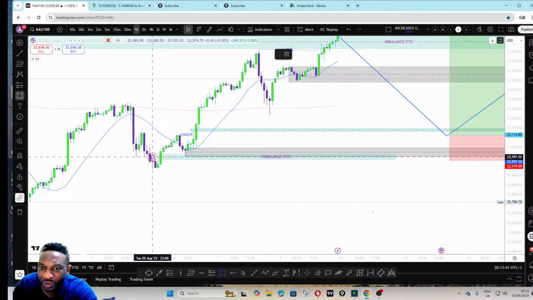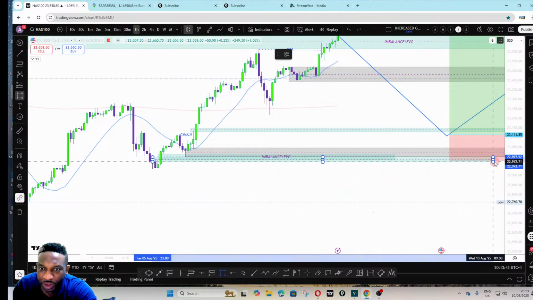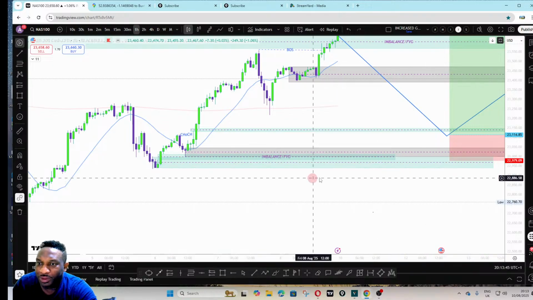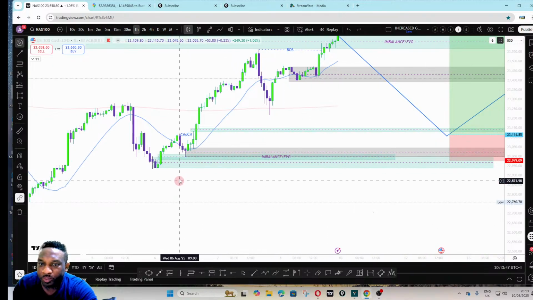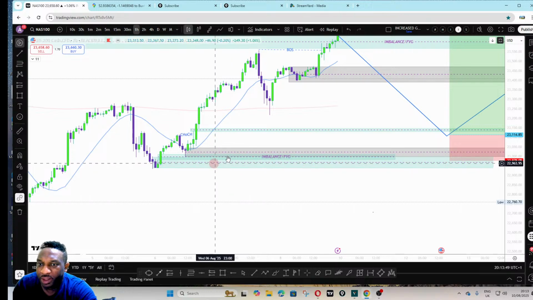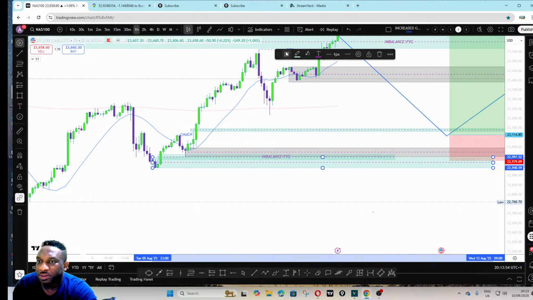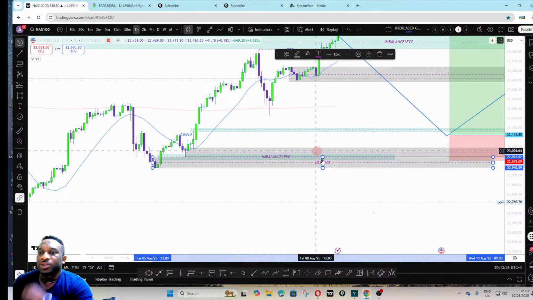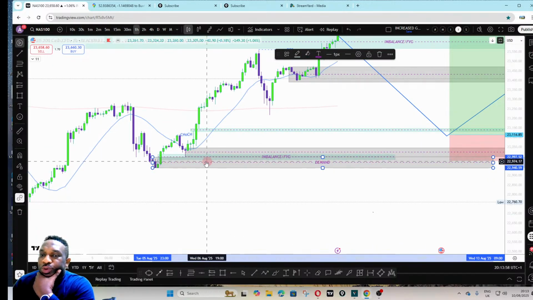I'll pick it from here to there. Let's mark it properly: demand. So in effect, this is the zone that we want to be looking at.